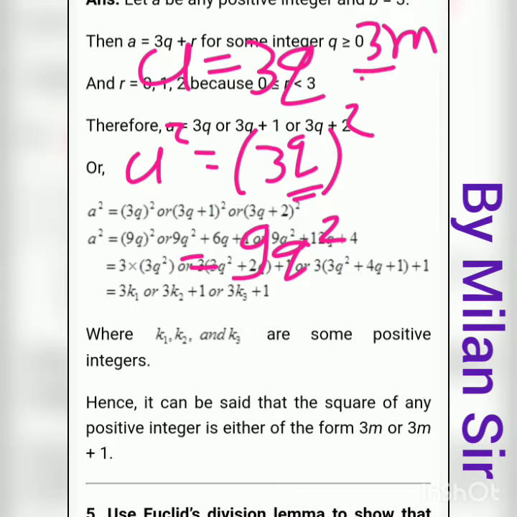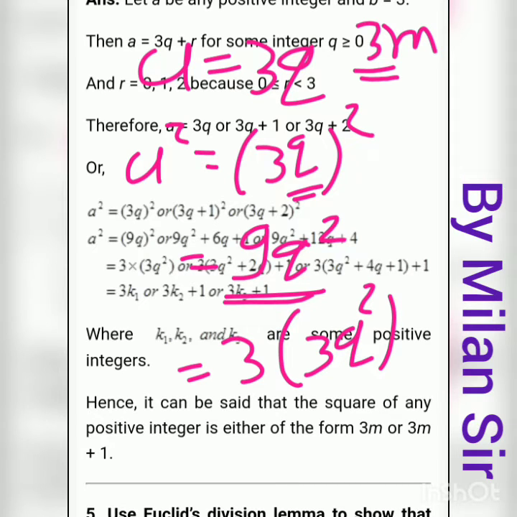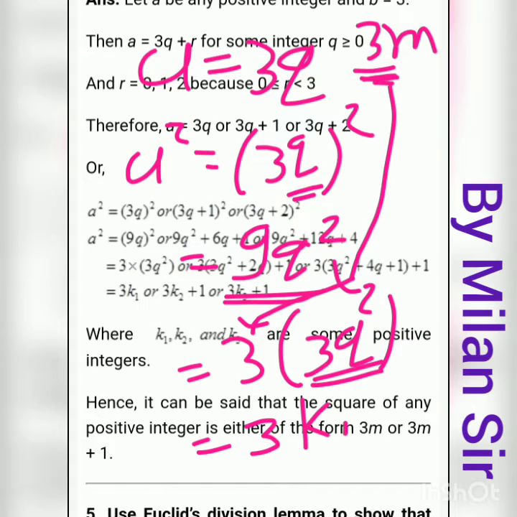So from 9q squared we want 3, so we can write it like this: 3 into 3q squared. We take 3 outside the bracket. Now you can take 3q squared equal to m, or any other constant, k1. So our first possibility is done. It is converted into the form of 3k.